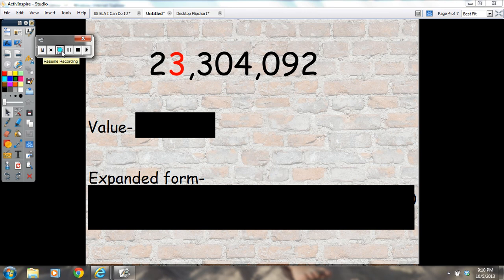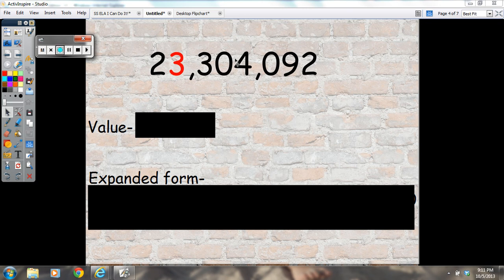Okay, so here we have our example, 23,304,092. We notice that the 3 is in red, and what we need to figure out is the place that that 3 is in. I know this is our ones period, this is our thousands period, and this is our millions period, and it follows the same pattern within each period. It's the ones, tens, and hundreds within each period.